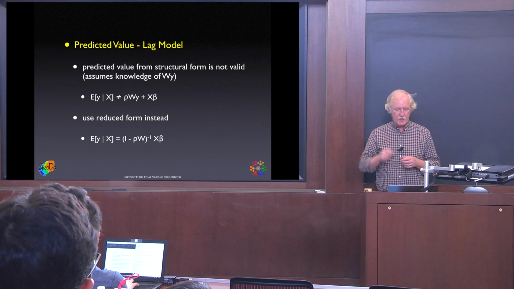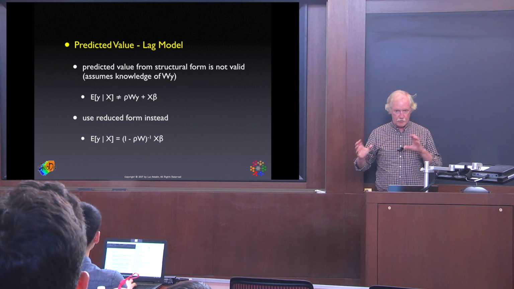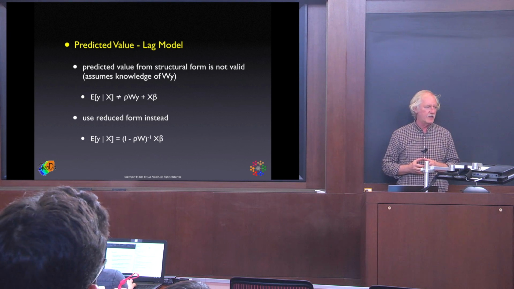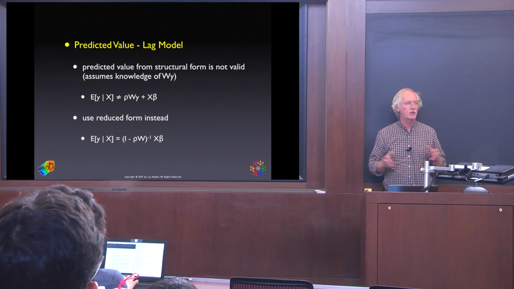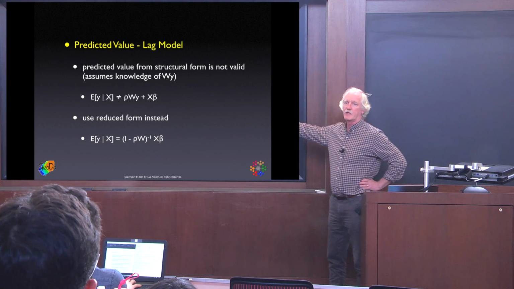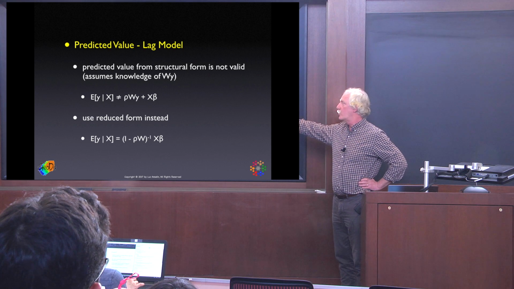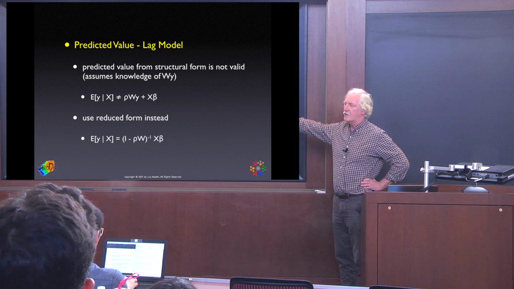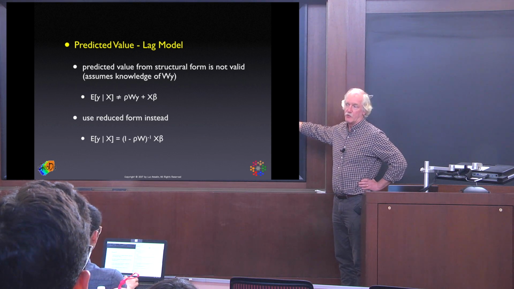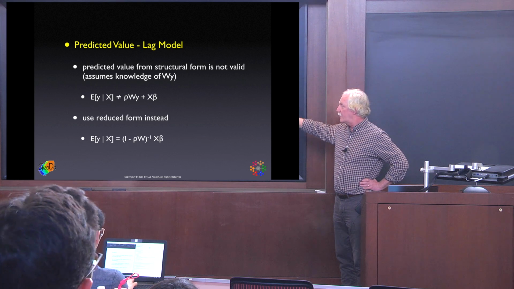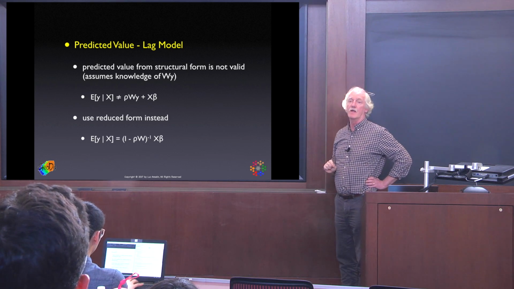Going back to the lag model, the first thing to note is that the traditional approach, which spells out the conditional expectation of your dependent variable conditional on your explanatory variables, is not the form of the equation, which is rho Wy plus X beta, right? Why not? Because y is in there.